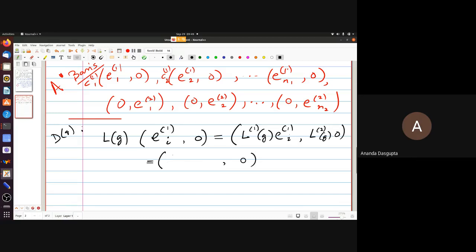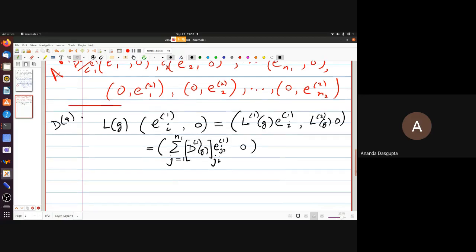And what about this part? This part gives the sum over j equal to 1 to n1 of d1(g)_ji e_1j, right? So all you are saying is since you already have a matrix representation corresponding to L_1, the matrix representation for L_g, at least when it's acting on the basis vectors of the first vector space, is straightforward.